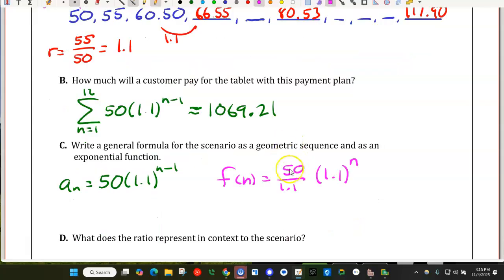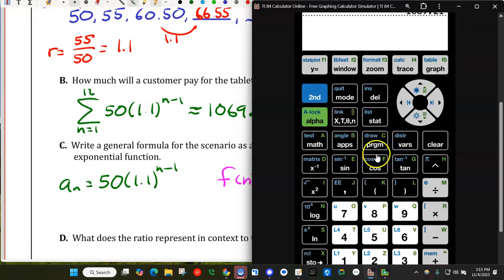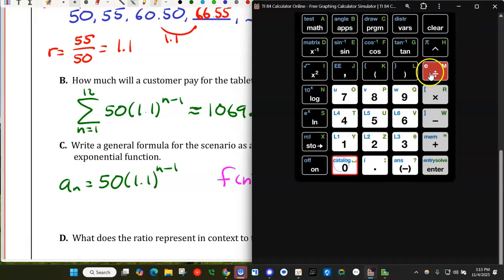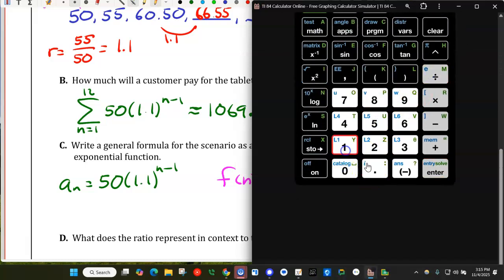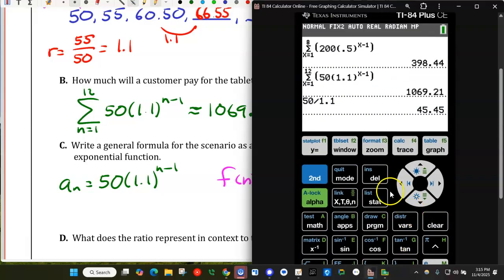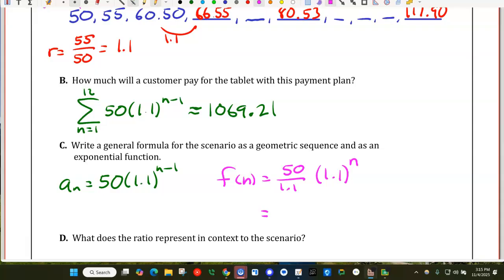And then in the calculator, find out what 50 divided by 1.1 is. We get 45.45. All right, there we go.